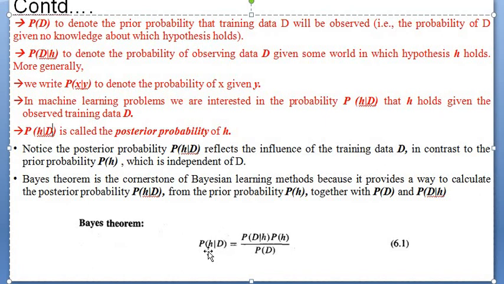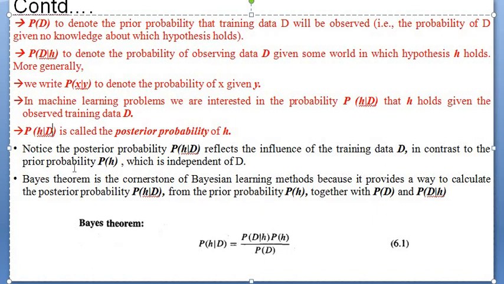We are interested in calculating the probability of H given D. The data set is given to you, and you have to calculate the hypothesis H. That is equal to the probability of data given hypothesis, into probability of hypothesis, divided by probability of data set. So P of H given D is equal to P of D given H into P of H divided by P of D. This itself is called the Bayes theorem.